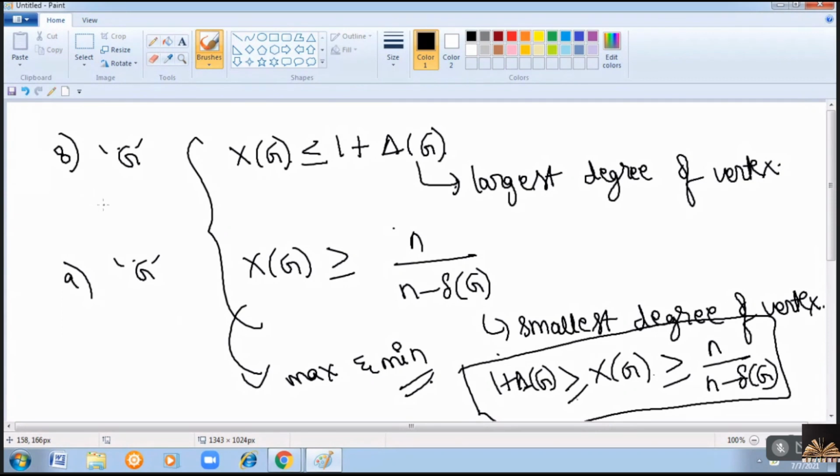So please take down these two formulas. It is important. This is the minimum number, and this is the maximum number of colors you require to color a graph.